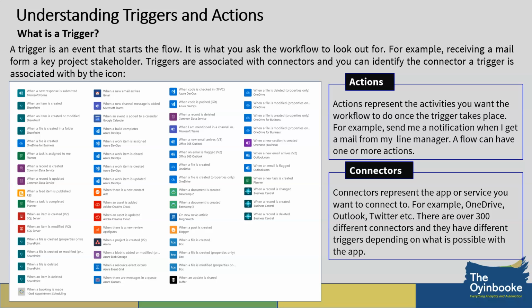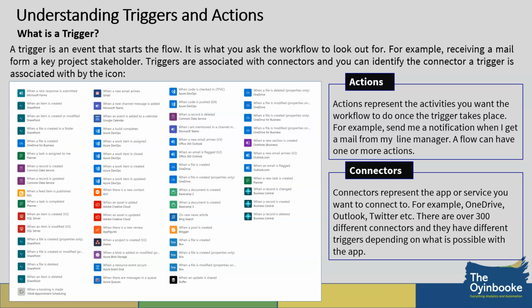For example, OneDrive, Twitter, Power BI, and we have over 300 different connectors within that platform. So this is why Power Automate is very robust. It connects to several applications. Don't forget, connectors are also APIs, but they are wrapped around APIs. So when you're using connectors, what you are basically doing is calling on APIs.